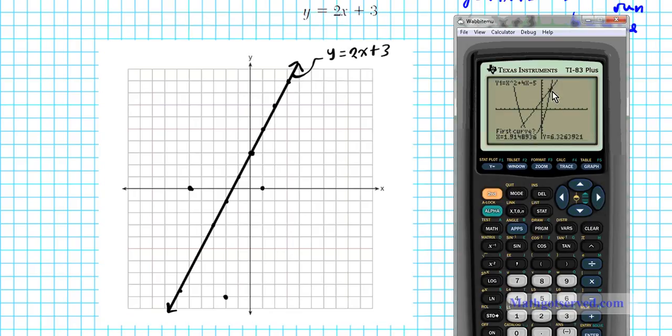When it says first curve, you move your cursor to somewhere close to where the intersection you want to calculate is located. Press enter. And then it says second curve, make sure your cursor is close to where the intersection is. Press enter, it says guess. Press enter. And you can see it's 2, 7. 2, 7 is the second intersection.